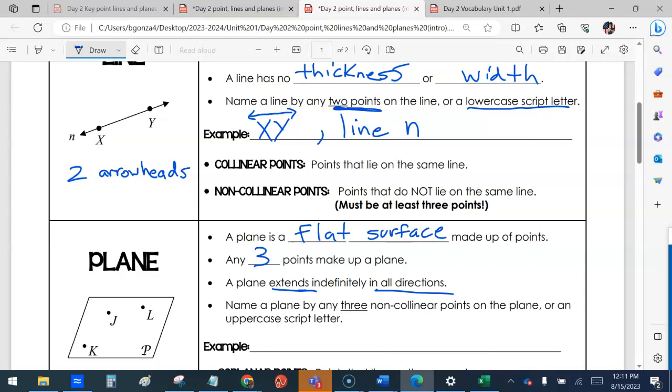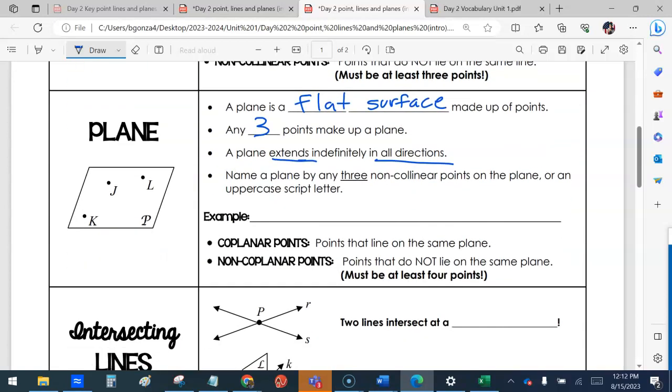This is like a plane, right? It's flat. But you have to imagine a real plane goes forever up, forever down, forever right, forever left. It's like a forever piece of paper going in every direction. I've never seen that in my life, okay? But that's why these things are kind of abstract. You have to imagine. So usually we take a piece of a plane to talk about whatever we're talking about.